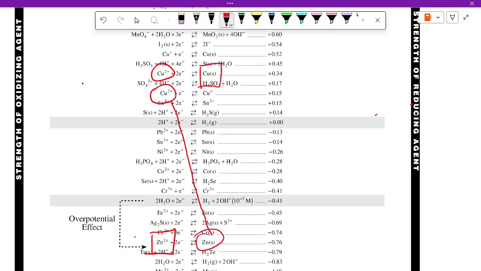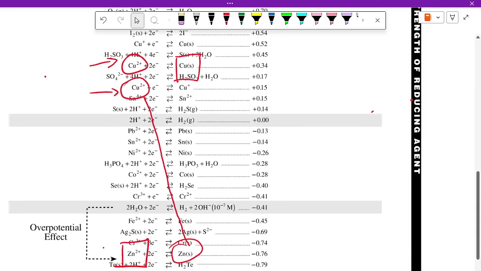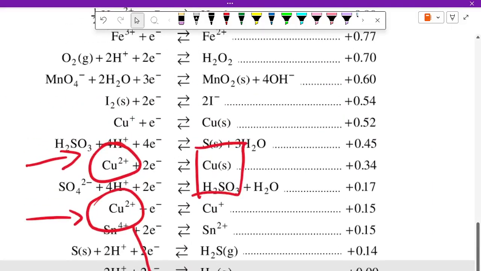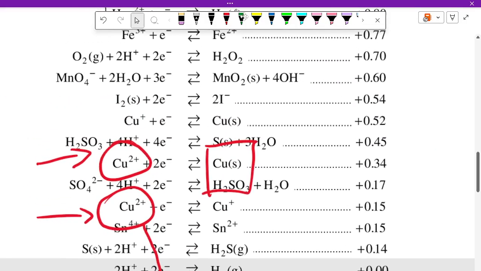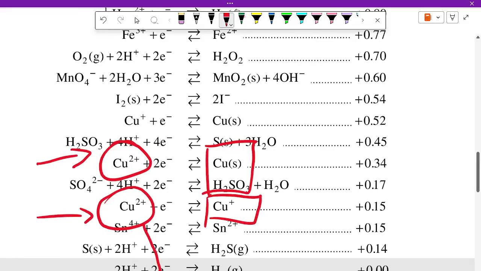Now, the question is, which of these two coppers will actually be the one that happens? Am I going to have copper 2+ become copper solid, or am I going to have copper 2+ become copper +1?